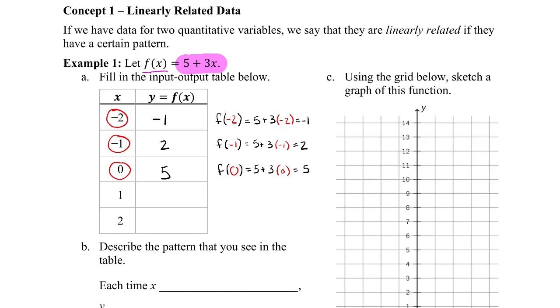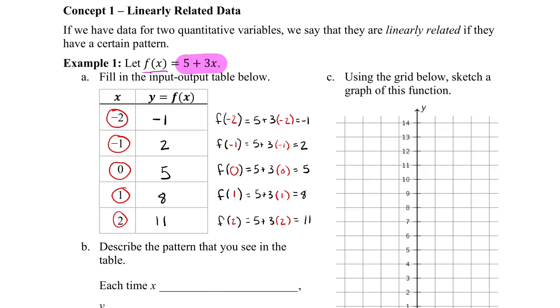When x is 1, we can take f of 1. That's going to be 5 plus 3 times 1, which, according to our calculator, comes out to 8. Finally, when x is 2, we can take f of 2. That'll be 5 plus 3 times 2, which comes out to 11.